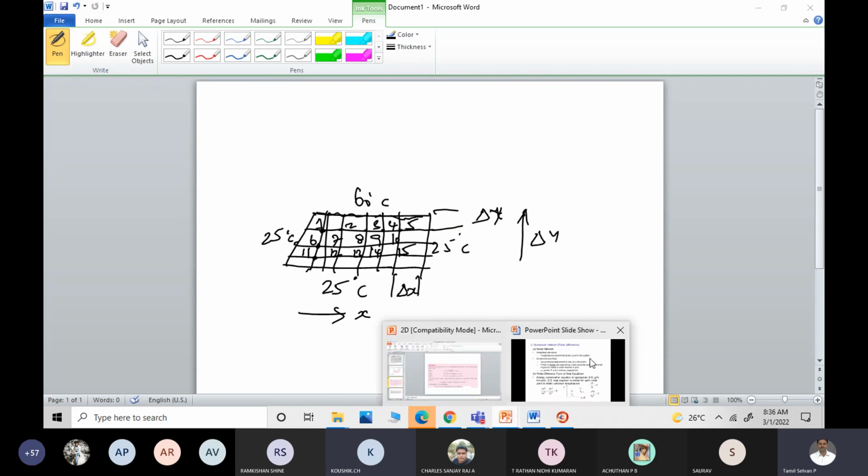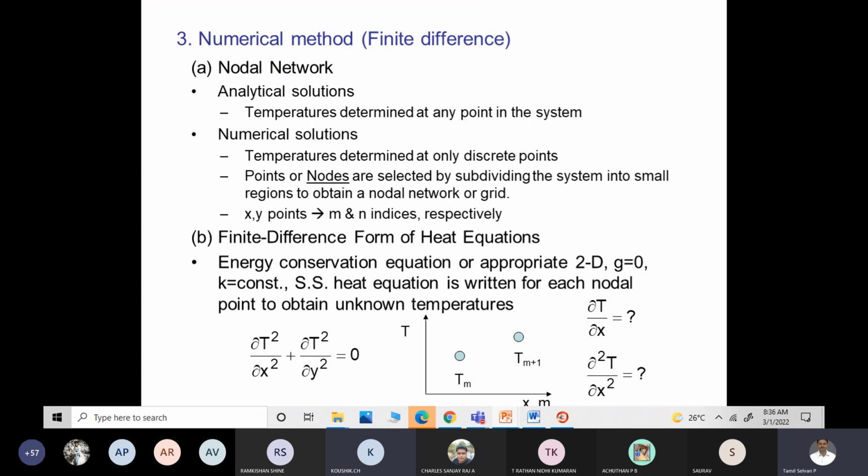To solve this, we have the finite difference method technique. Again, the assumptions are: it is two-dimensional, there is no internal heat generation, the thermal conductivity remains constant, and it is steady state conduction. Out of three dimensions, if you have only two dimensions, the z-axis gets cancelled.